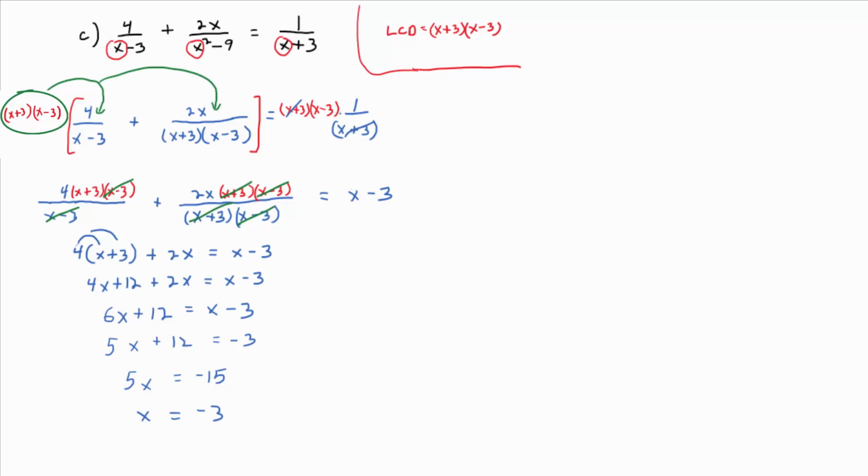Now, where would it check? It would check in the equation after you cleared the fractions, but that's not the original equation that we're trying to solve, is it? So what you do at this point is you cross this out. It does not check. It's an extraneous solution.